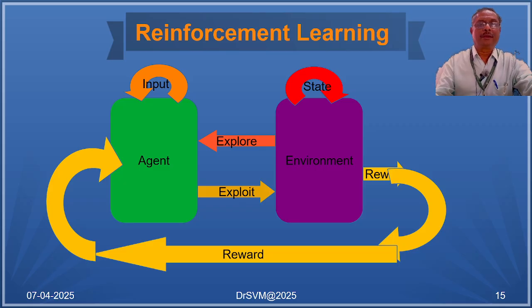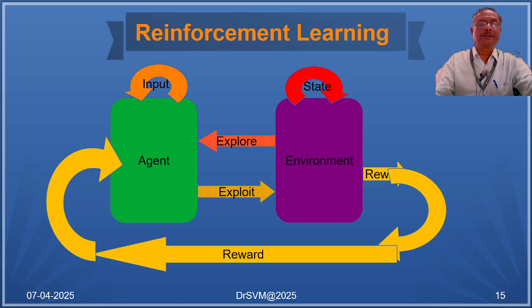Then it gives an input, which will either provide pedaling or change the angle of the handle, and this makes the overall environment change its state, so that exploits.